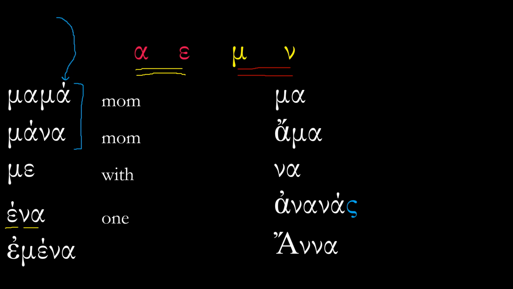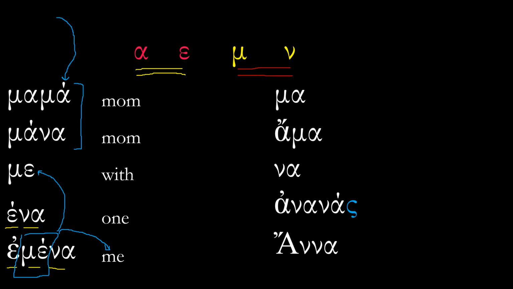Then we have a three-syllable word, emena. Emena means "me." Now, a lot of times, emena is cut to just me, which is what we have up here. Remember I told you it had more than one meaning. So me, doesn't it look like M-E, me? Okay, so emena. Now let's go to the right side.